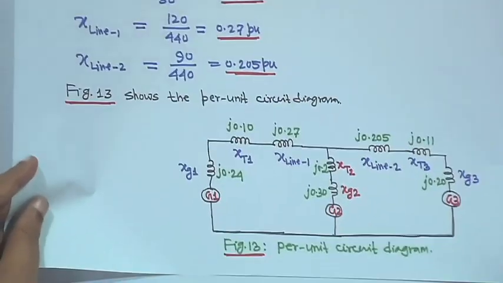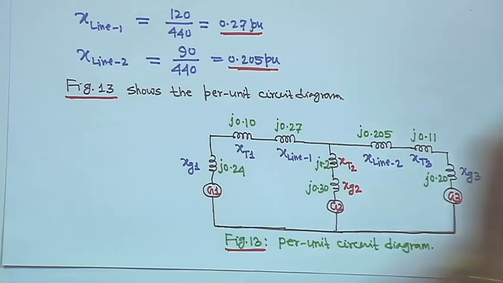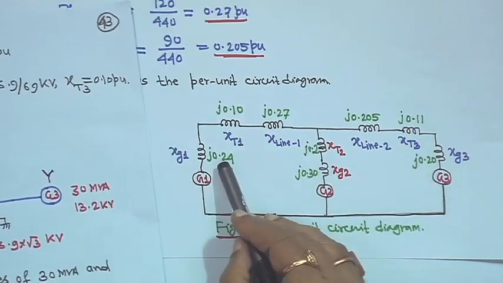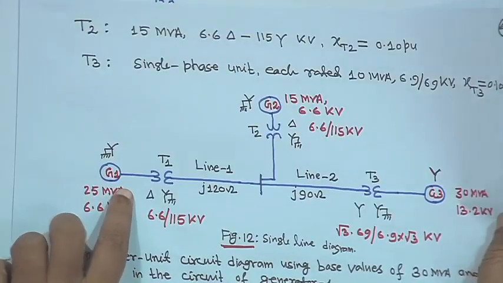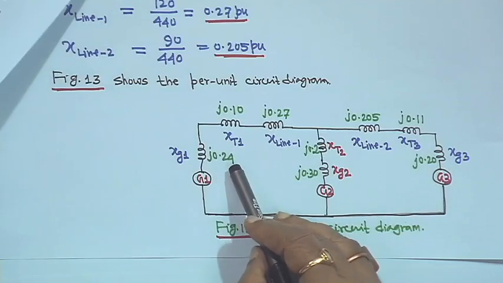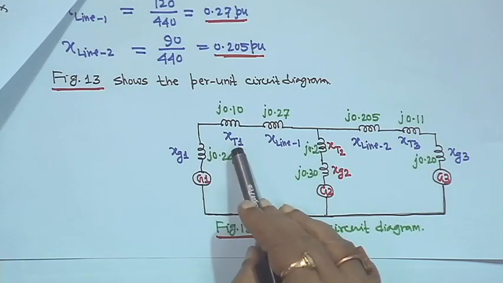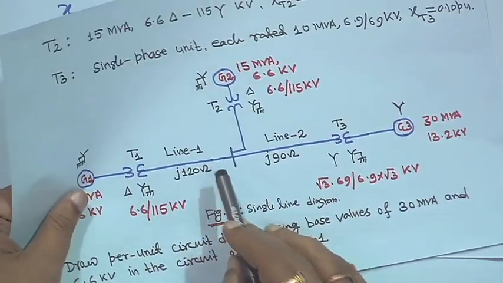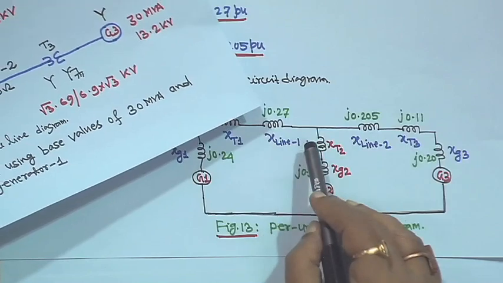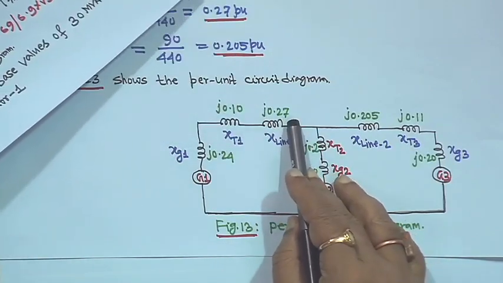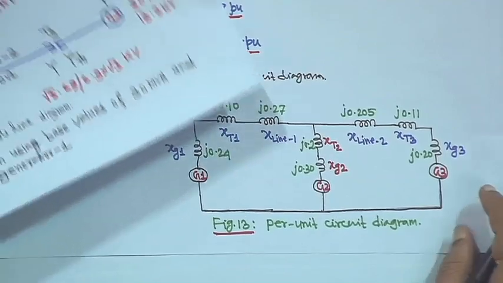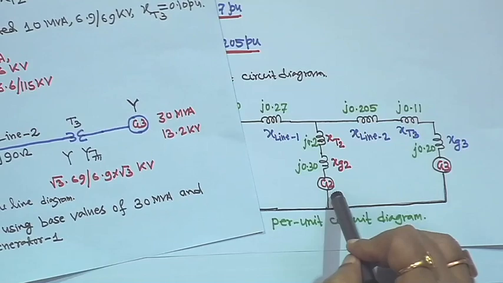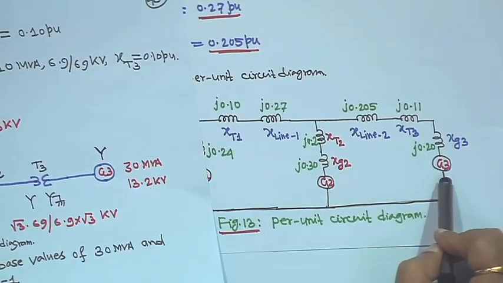Now look at this diagram, the equivalent per unit diagram. This is generator 1, with Xg1 of 0.24 and Xt1 of 0.10. This is transformer T1, then the line is coming, this is X line, j0.27, which we have got. Now generator 2 is connected in between these two, and G2 and G3 will be in parallel.